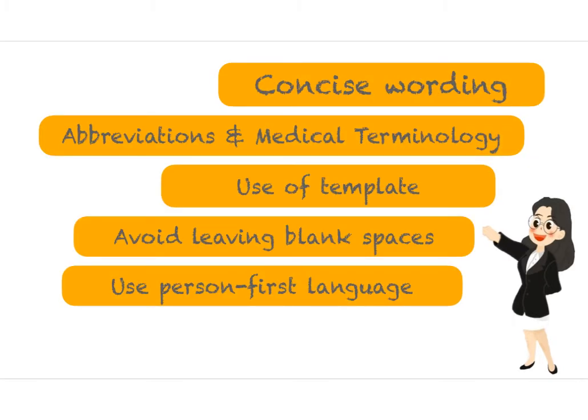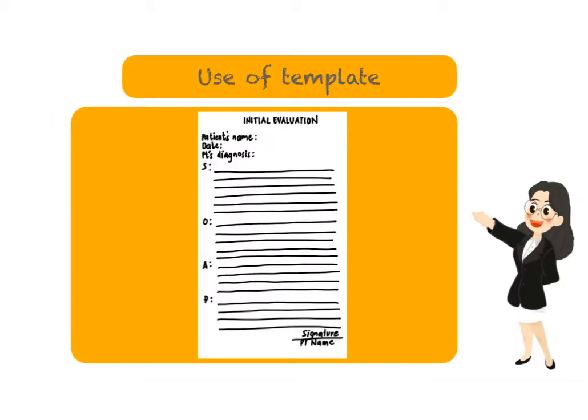Next is the use of a template. This template will actually differ from one facility to another. But one thing is for sure, the template has the following: the name of the type of PT document that you are writing. Could be either initial evaluation, re-evaluation, discharge notes, or progress notes.